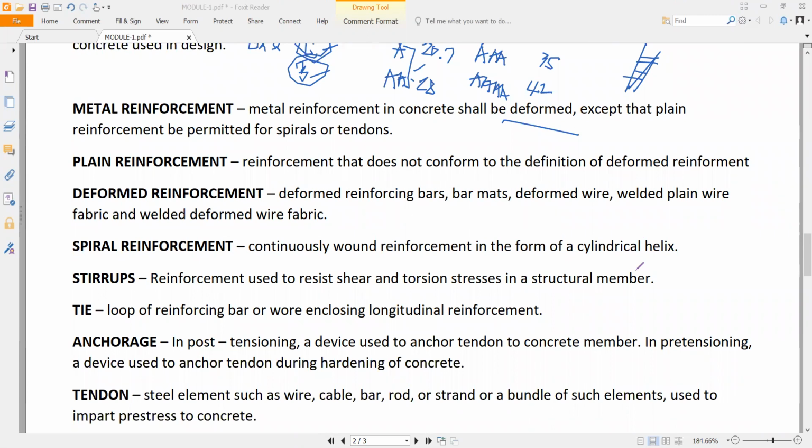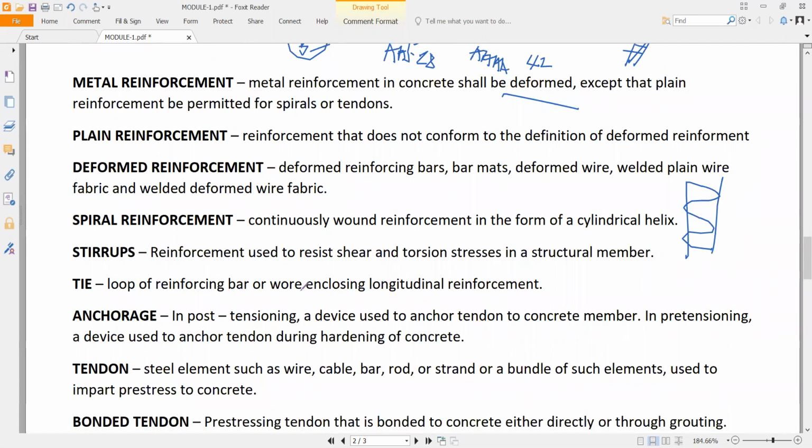So, pag circular yung column natin, makikita nyo yun pagka ginagawa pa lang, makikita nyo naka-spiral yung ating reinforcement. So, that are spiral reinforcement. Of course, para yung mold or yung design ng ating structural member ma-maintain. So, sa stirrups, alam nyo to, pag stirrups, nagre-resist siya ng shear and torsion. Kapag sa beam, yung tinatawag nating anilyo, that is your stirrups. Kapag for the beam yun, beam.